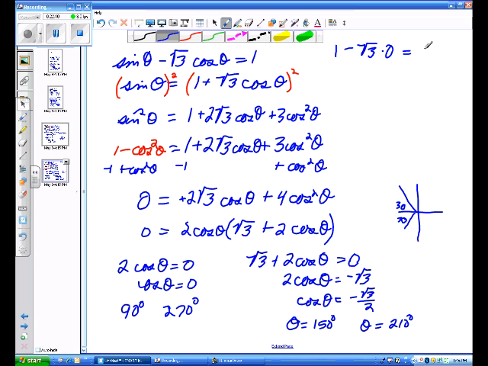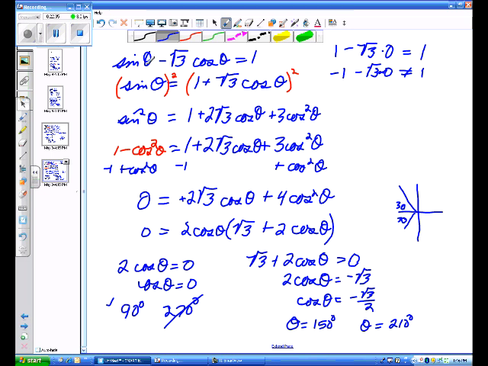So 1 minus 0 is 1. So 90 checks out. If we do 270, the sine of 270 is negative 1. The cosine of 270 is still 0, and negative 1 minus 0 does not equal 1. So 270 doesn't check out, so we'll have to get rid of it.